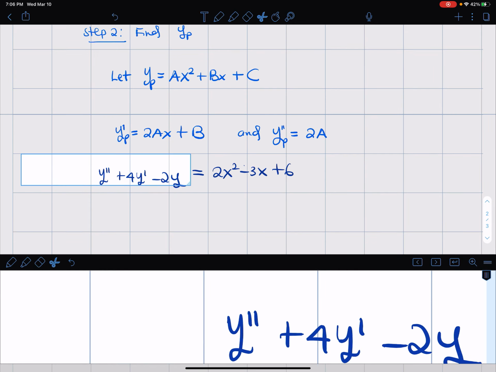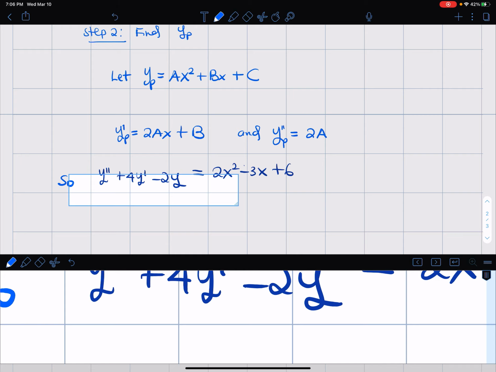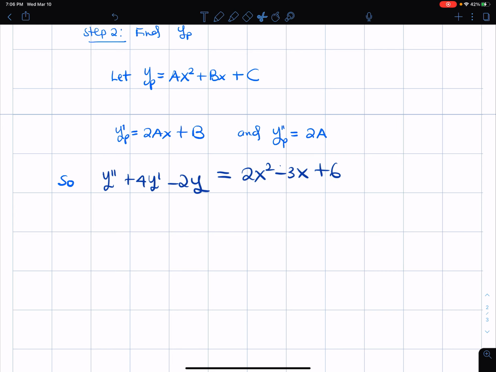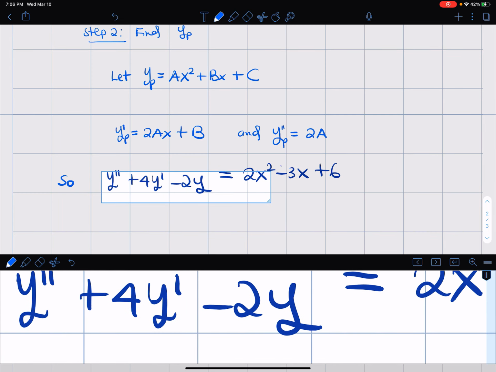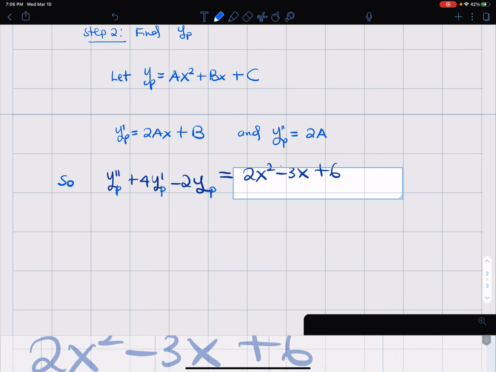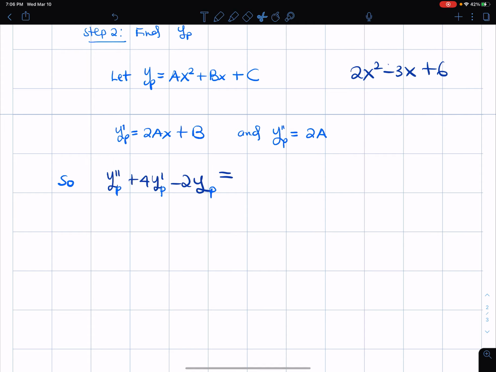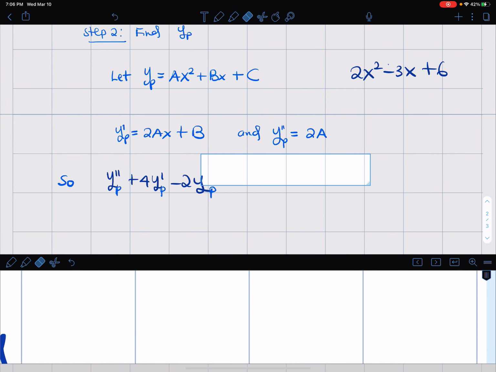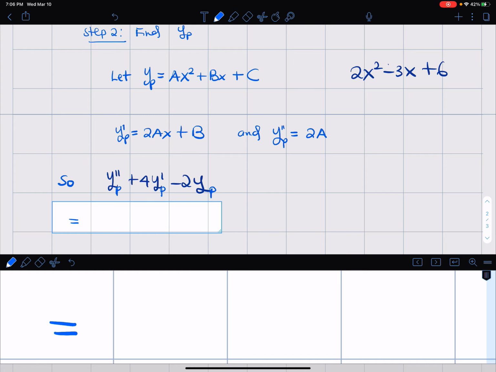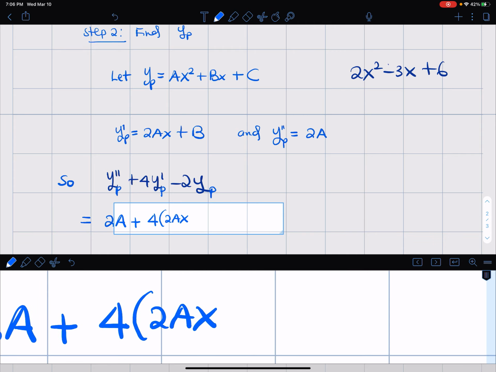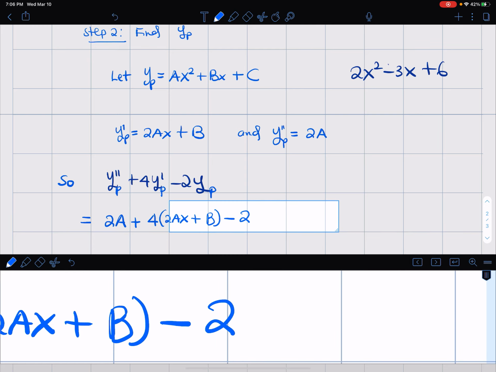So we have yp double prime plus 4yp prime minus 2yp, which is 2a plus 4 times (2ax plus b) minus 2 times (ax squared plus bx plus c).